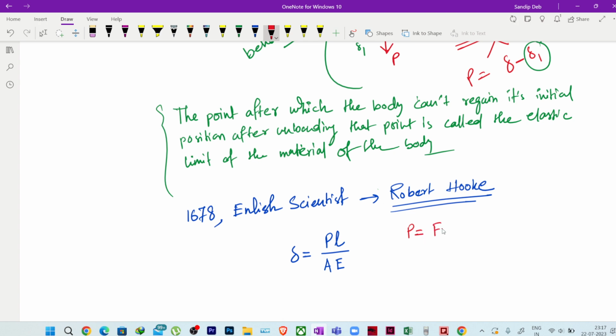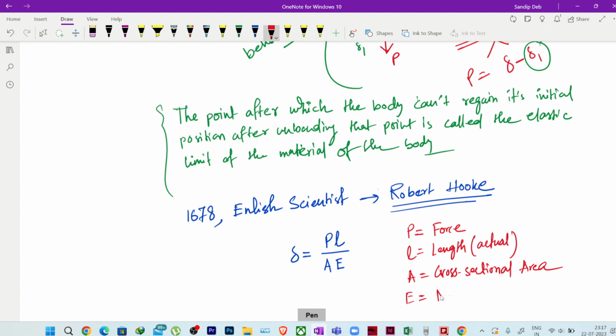P is the force, L is the actual length, A is the cross-sectional area, and E is the modulus of elasticity, also called Young's modulus. I will write it as modulus of elasticity.